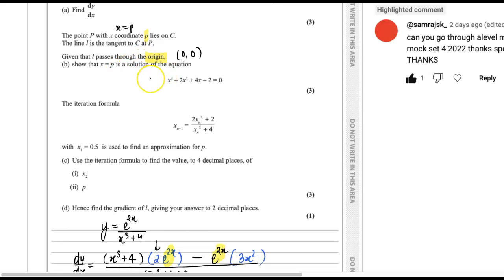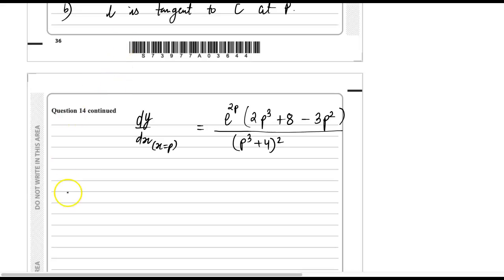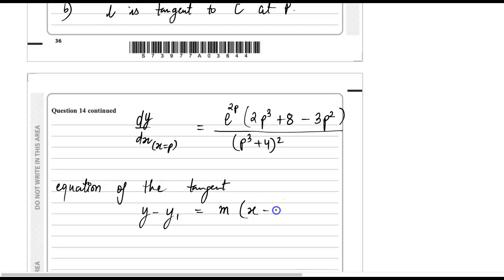What else do we know? We know that it passes through the origin and x is p there. Because it's a tangent, the equation of the tangent is y minus y1 equals m times x minus x1.